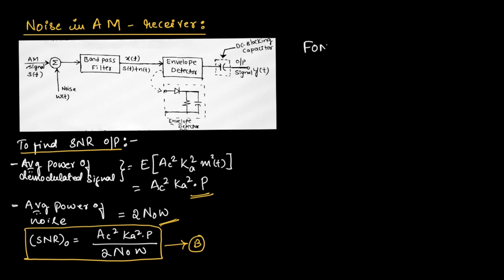Then, as I already mentioned, figure of merit is the ratio between the output SNR and channel SNR.